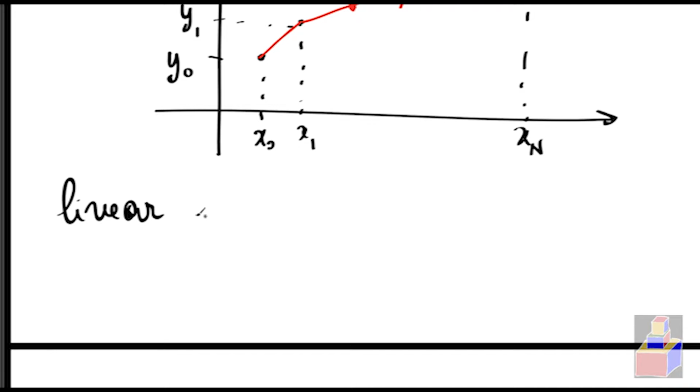You can use a linear interpolation using a linear polynomial ax plus b, a plus bx, let's say. If you want to make a continuous derivative, you can use a quadratic polynomial.